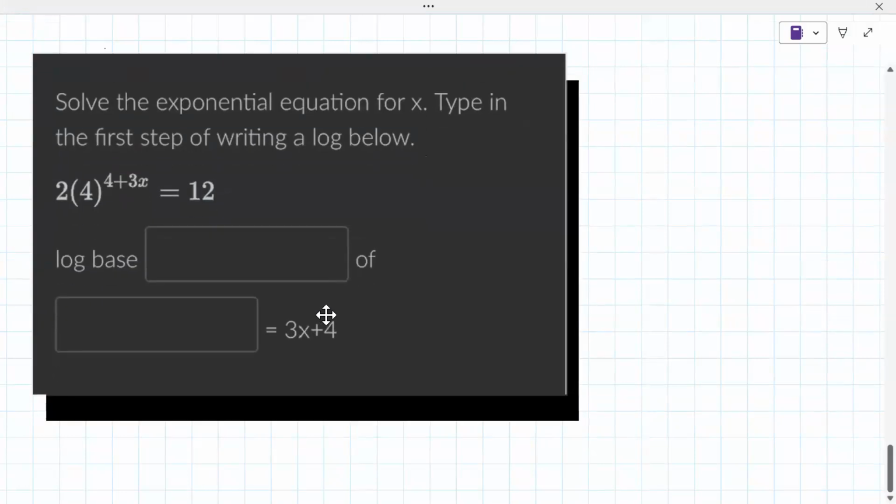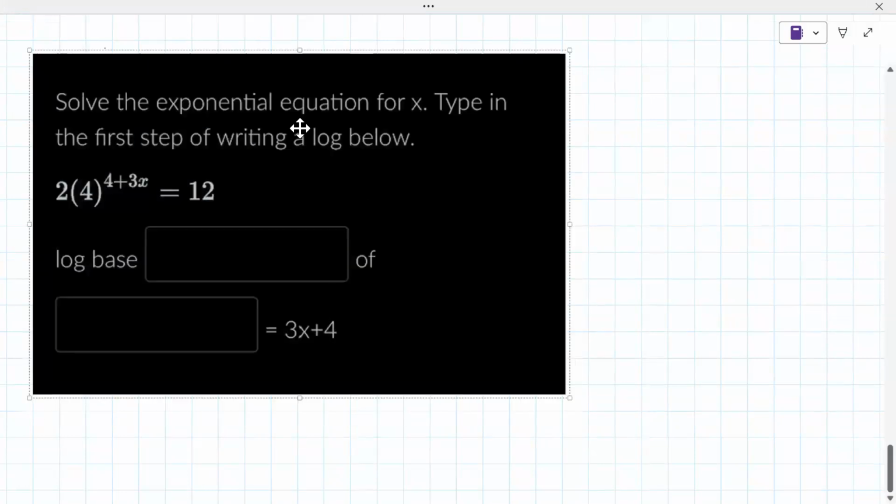So to solve the exponential equation for x, the first step here is to type in the first step of writing a log.